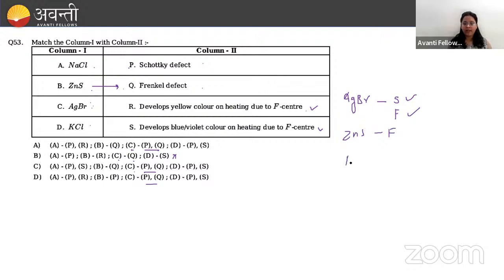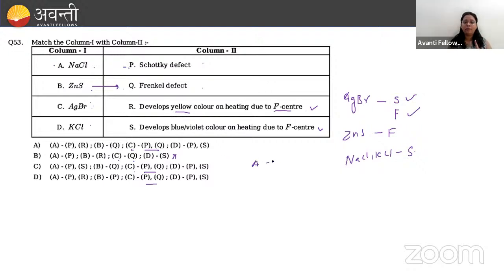Next, when we talk about NaCl and KCl, both of them show the Schottky defect. So when we talk about A, NaCl shows Schottky defect as well as F center, and it shows yellow color on heating due to the F center.